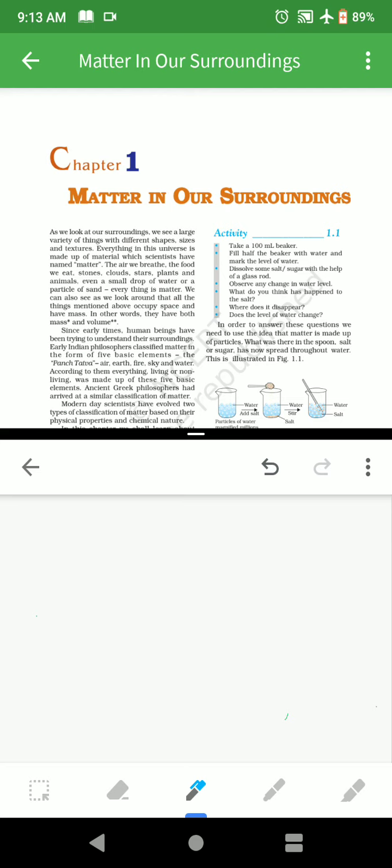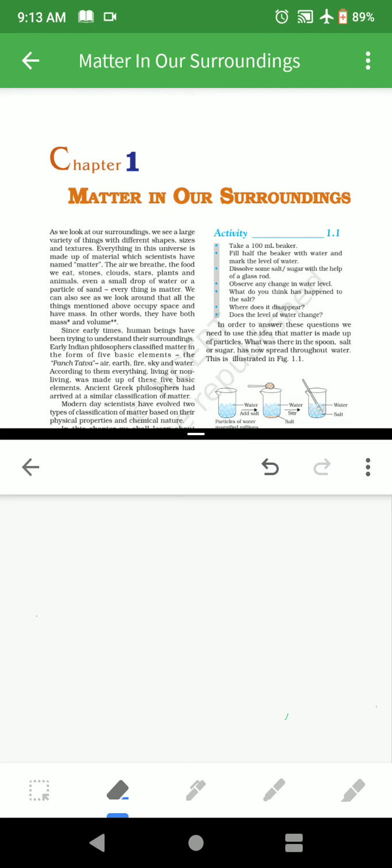I have explained about matter and how it surrounds our earth or whole planet. On our first day I explained 5 elements, that is earth, water, fire, sky and air.